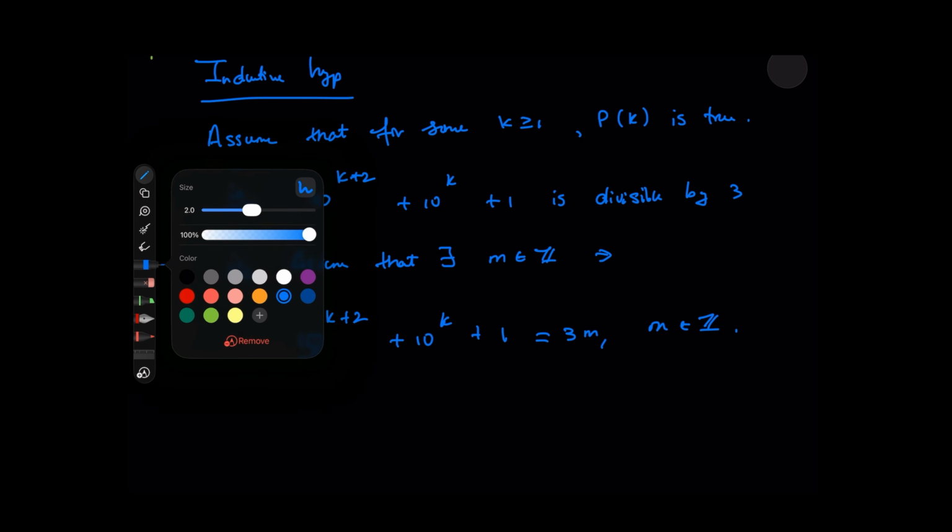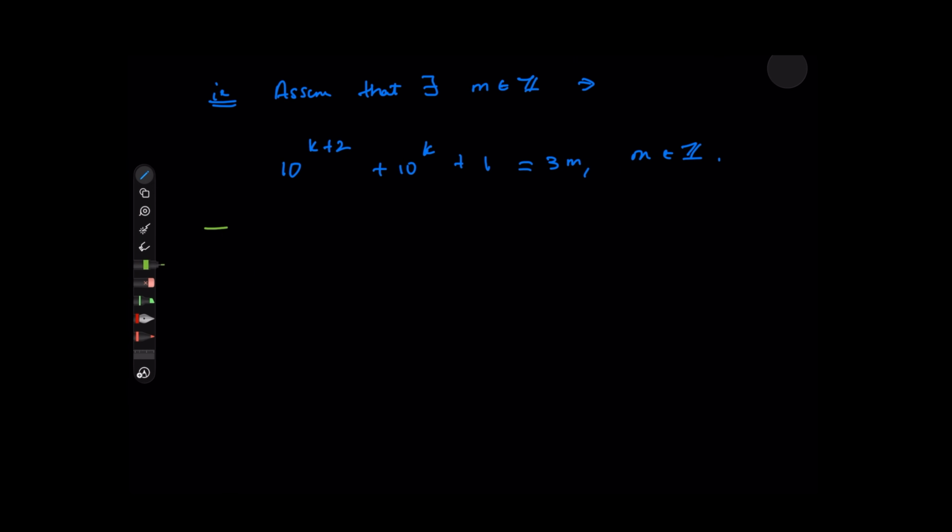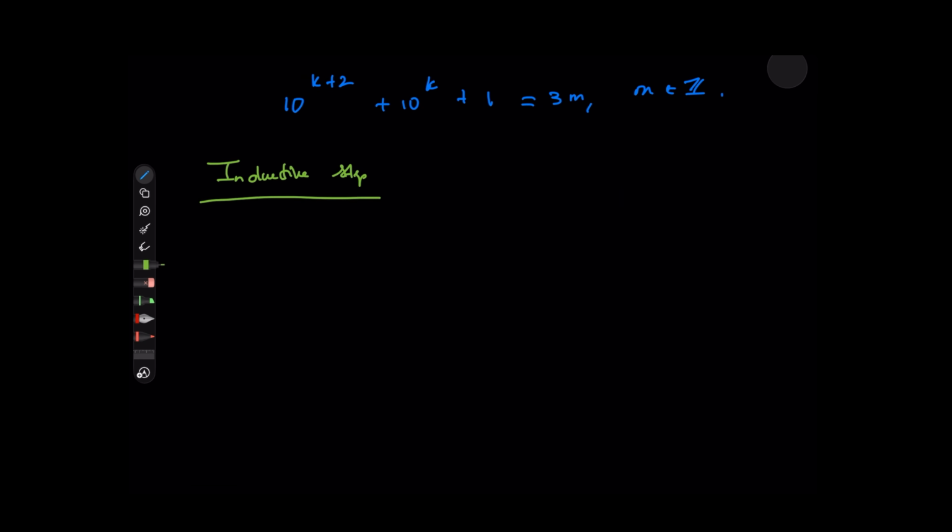So now we have to do the inductive step. Okay, this is where it gets a little bit tricky. So we want to show that P of k plus 1 is true.